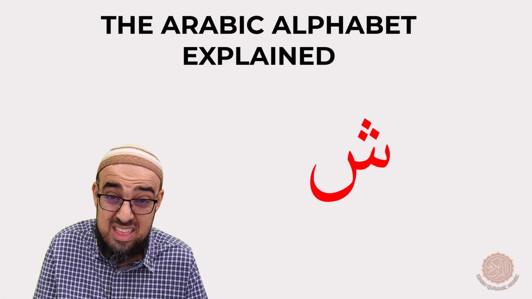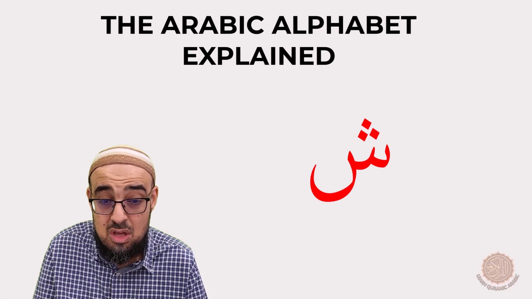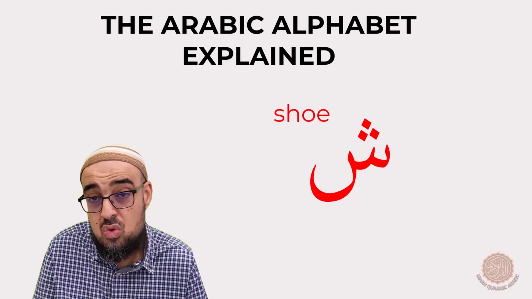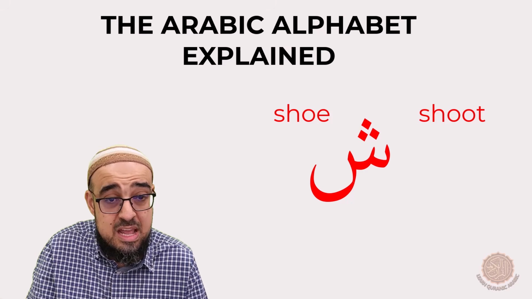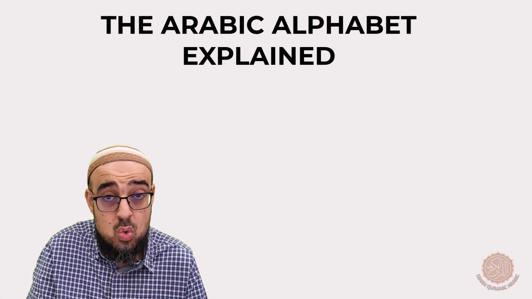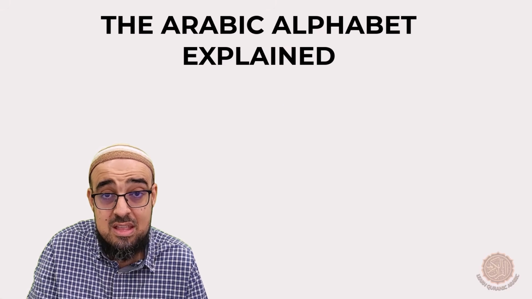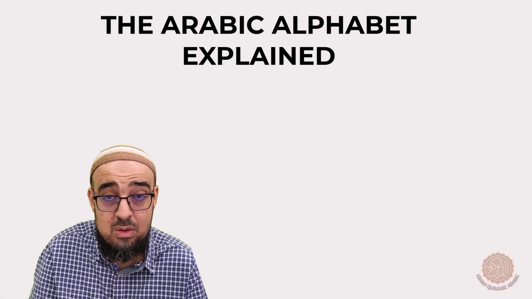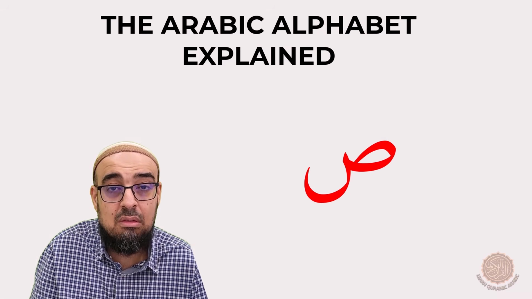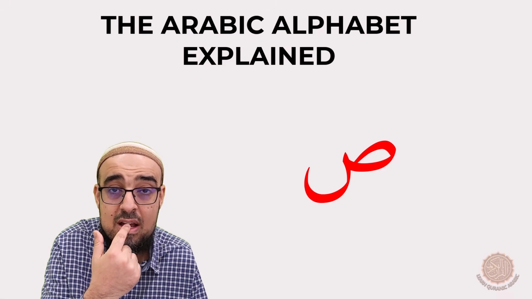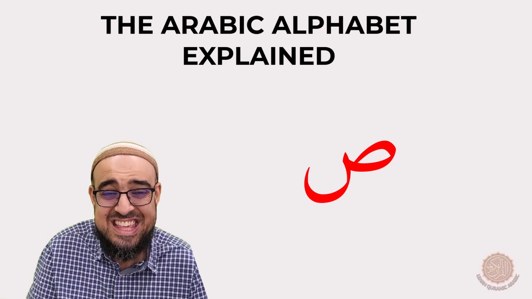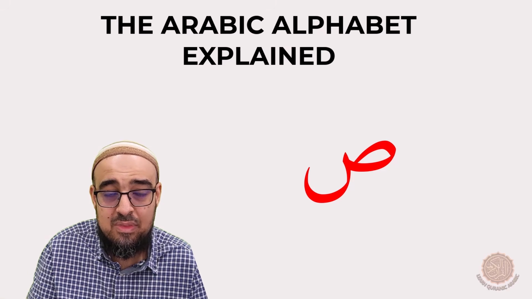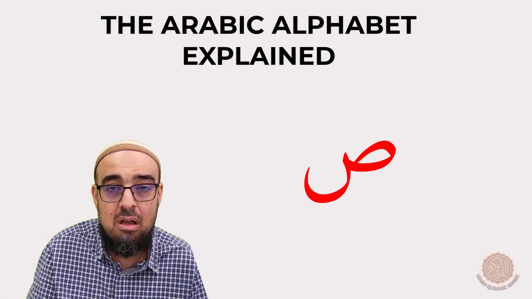In English, it's the SH sound. Sh, shoe, shoot. The next sound is tricky for English-speaking people because it's something new and it's similar to the seen, but it's a deeper sound. Notice my mouth as opposed to the other. This is a seen, this is a sod.